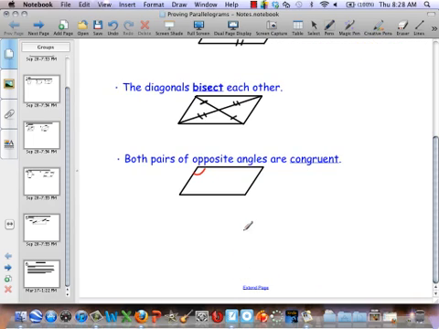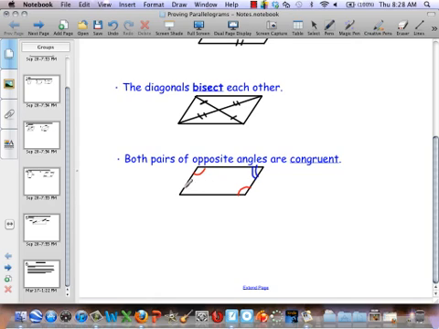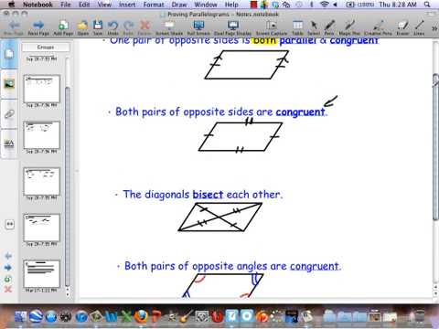So if these 2 angles are congruent and these 2 angles are congruent, then we are a parallelogram. So those are your 4 ways to show that a shape is a parallelogram.